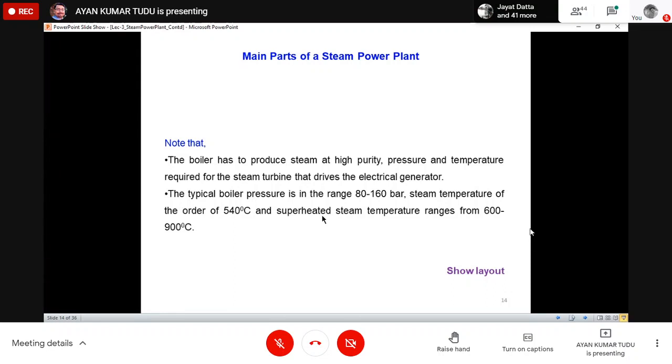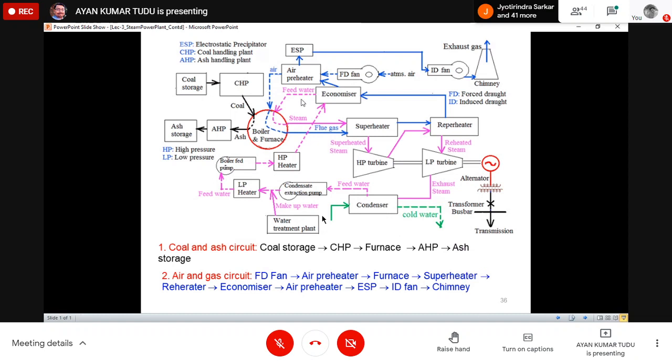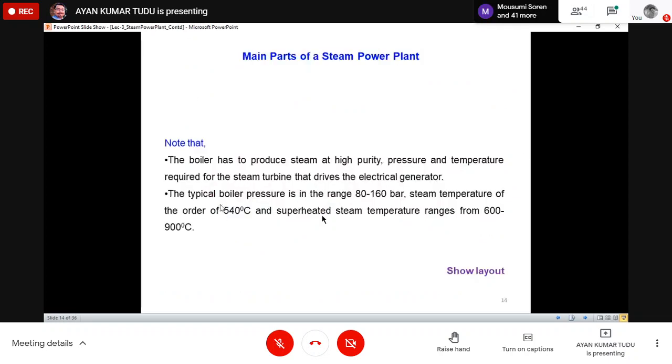Okay, so the prime mover is, as you can remember, if you recollect. Okay, so this is the boiler. From here the steam is flowing through the superheater, and then it is expanding inside this turbine, and because of it kinetic energy is being imparted to the turbine, and the turbine is rotating. Okay, so the typical boiler pressure, as you can see, is in the range of 80 to 160 bar.